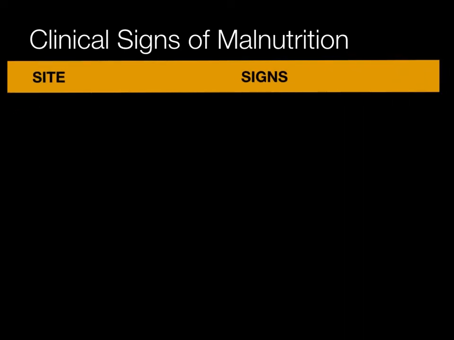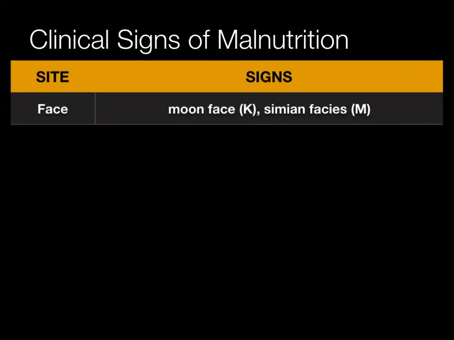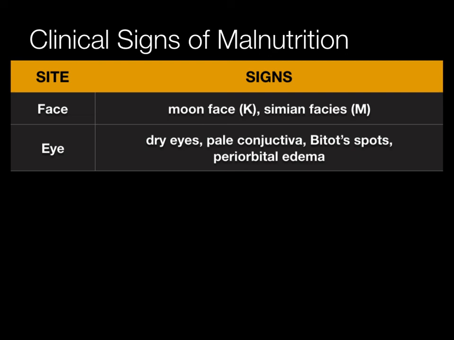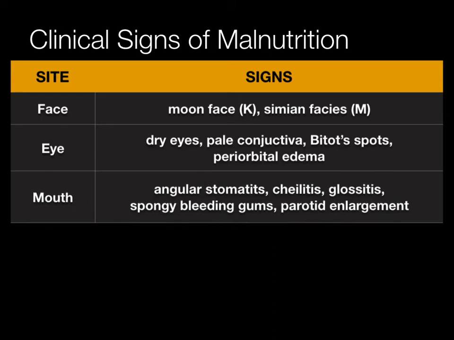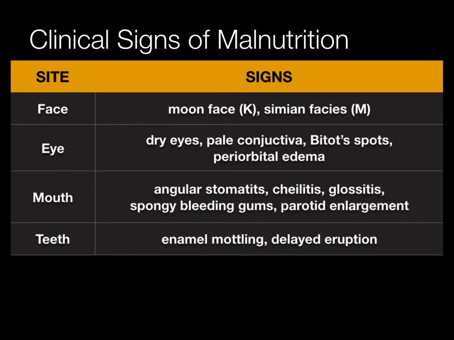Clinical signs of malnutrition include presenting with moon facies for kwashiorkor and simian facies for marasmus. There can be dry eyes, pale conjunctiva, Bitot spots, and periorbital edema. Other signs are as follows.